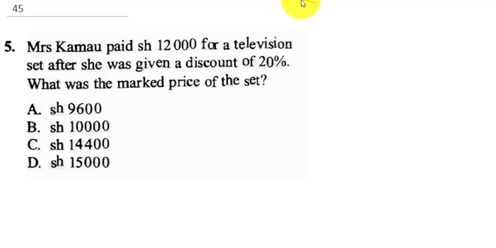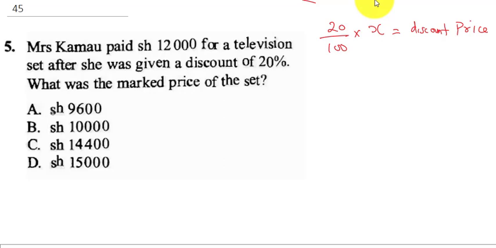Now, I want you to know that the discount, which is 20%, 20 over 100 multiplied by the marked price, which is X, is equal to the amount of discount he got. So let's call this equal to the discount price, since we don't even know the discount that he got.